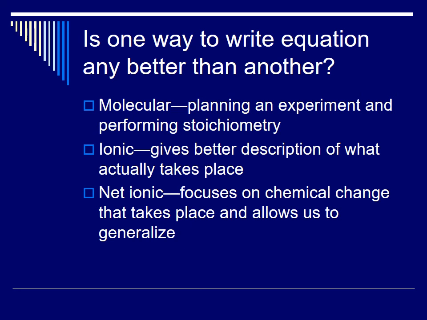Net ionic focuses on the actual chemical change that takes place, and allows us to generalize. Oh, I know if I have something with cobalt and something with hydroxide, it's going to make this solid at the end. So each way has its own advantages and disadvantages, but I promise you on your next test, you're going to have to be able to write all three. So get familiar with all three of them.